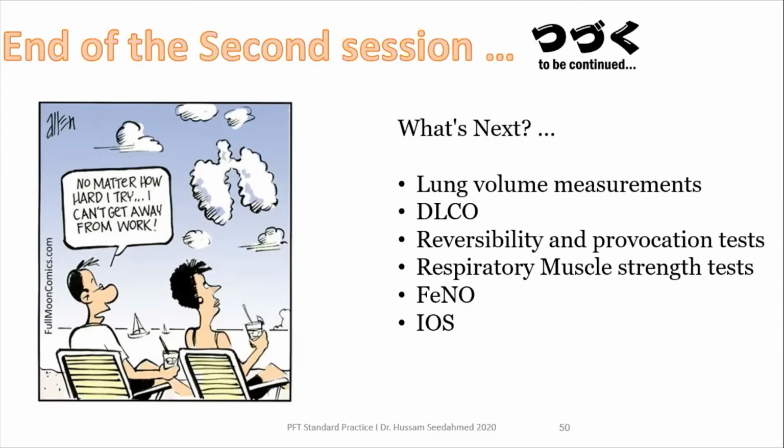In some next sessions, we'll be talking about the lung volume measurements, gas dilution techniques and plethysmography, the DLCO, diffusion capacity, reversibility, the bronchodilator response, and the provocation test. We'll talk about the respiratory muscle strength tests, MIP, MEP, the fraction of exhaled nitric oxide, and IS.